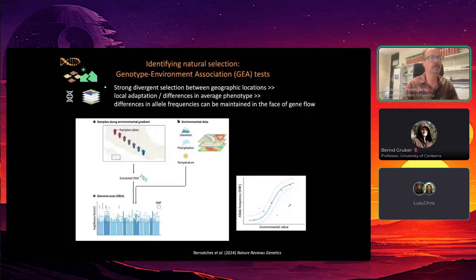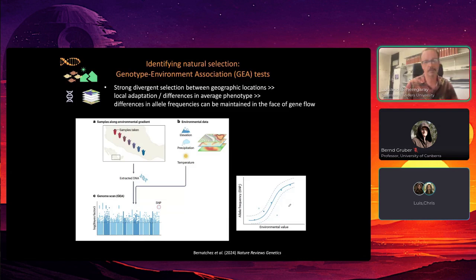It's a very simple idea: strong divergent selection between different geographic locations might result in local adaptation because of differences in average phenotypes. This will create differences in allelic frequencies. And because divergent selection is very strong, those allelic frequency differences will be maintained even in the face of strong gene flow.